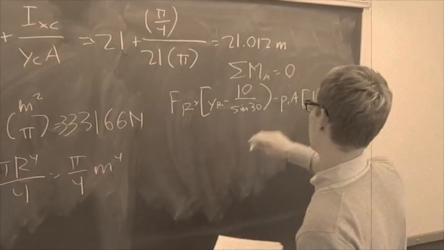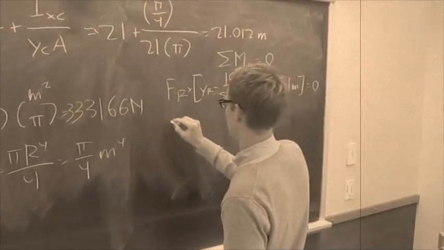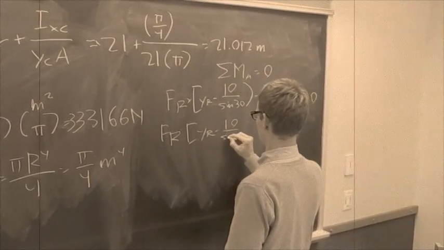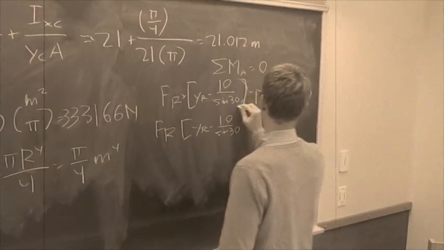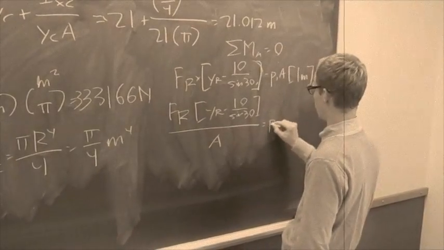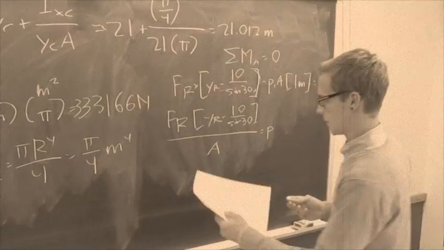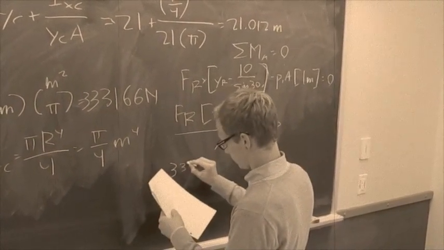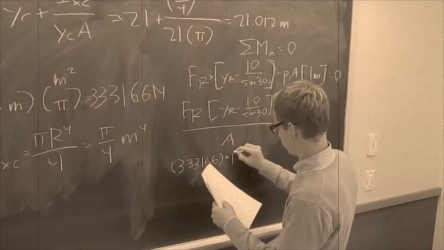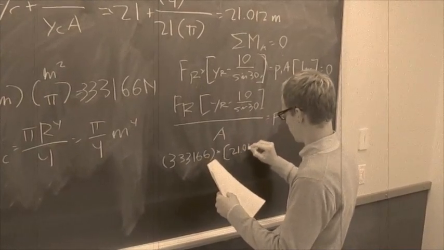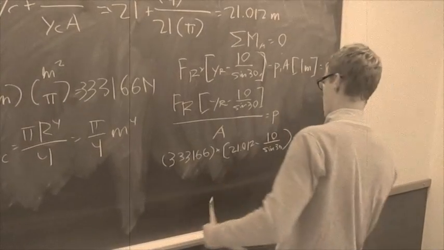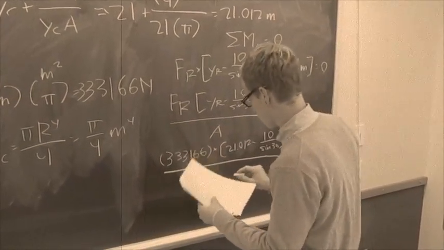From here you know Fr, you put them on opposite sides, so it ends up being Fr times Yr minus 10 sine 30, all divided by A is equal to P1, once you put that on the other side and then divide by A. So knowing these values, you get 333.166 times 21.012 minus 10 sine 30, all divided by pi.